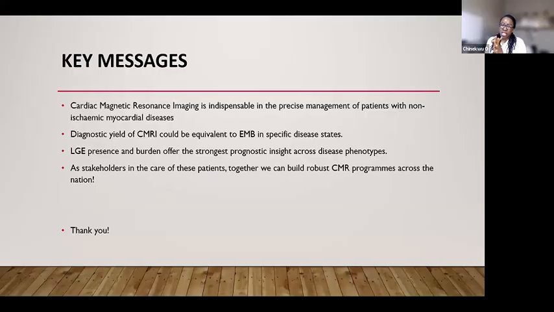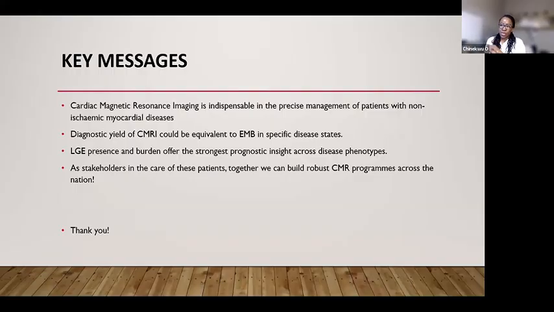We know that LGE is a strong predictor of disease burden, but also disease stage, because like the Fabry's disease patient, he initially didn't have LGE, but after some time he had LGE, simply because the disease progressed, because we hadn't really dealt with the primary problem here. So we can actually stage the disease, and that also helps us prognosticate different stages better, and also helps us offer specific therapies that make the most difference at every stage of the disease.